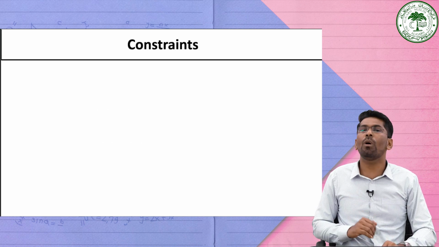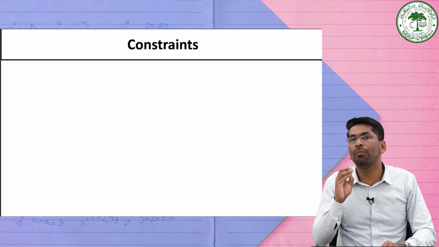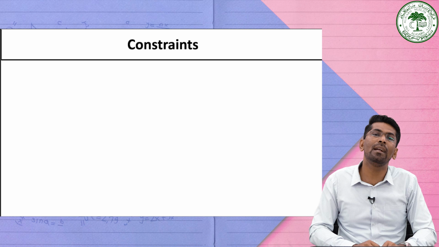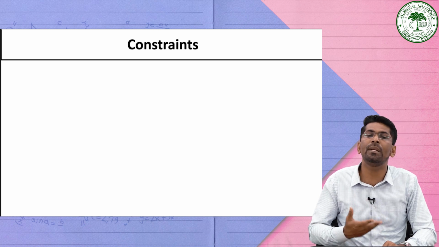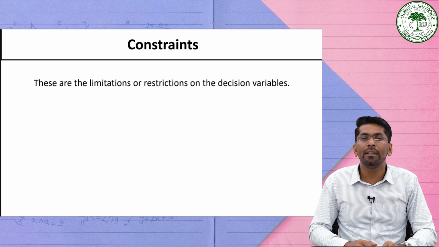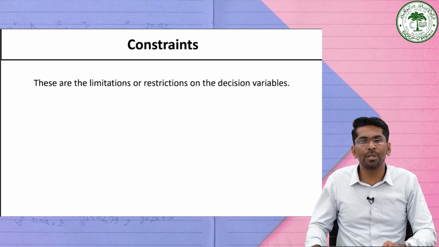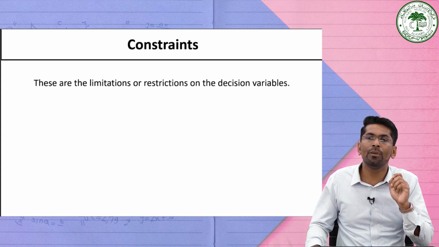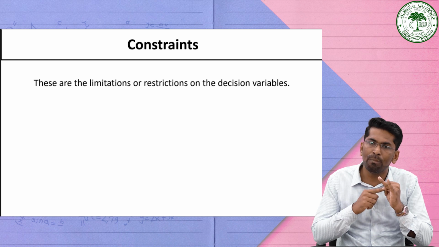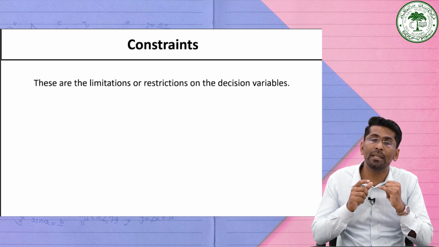After specifying your objective function, we have to identify the constraints in the given problem. Every objective function in linear programming is subject to certain limitations, which are generally known as constraints. The constraints are the limitations or restrictions on the decision variables like x1, x2, and these restrictions may be in the form of limitations of raw materials, time, money, or equipment.